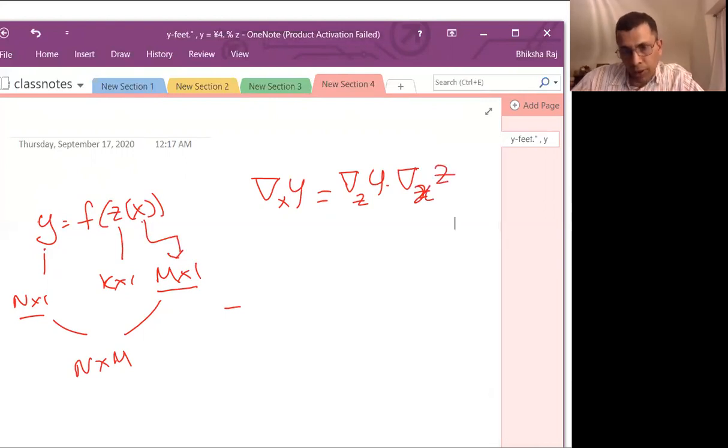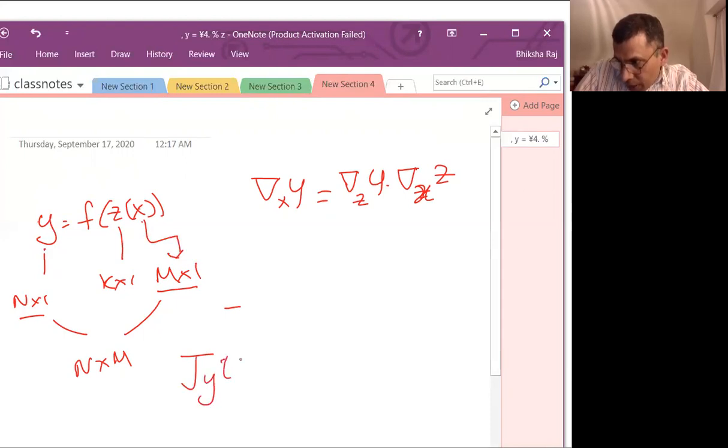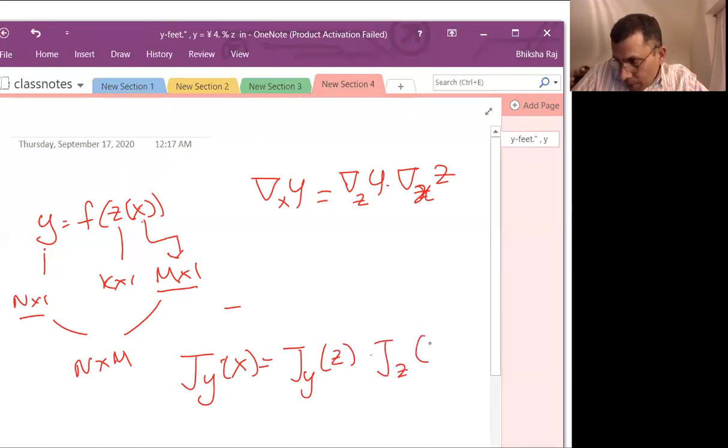Now note the order of multiplication. These derivatives are Jacobians, so the Jacobian of y with respect to x is going to be the Jacobian of y with respect to z times the Jacobian of z with respect to x.